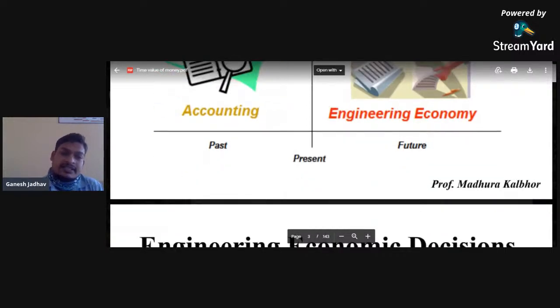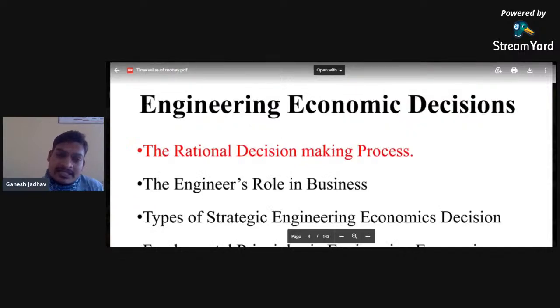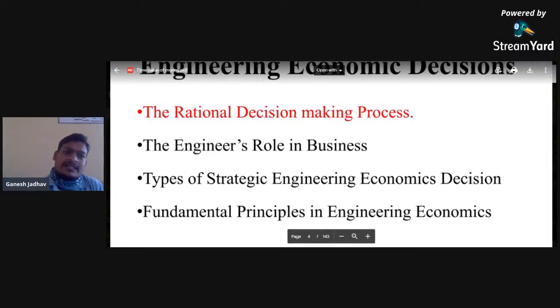Then engineering economics decision. We have to take a number of economic decisions related to a particular engineering project, and that is engineering economics. Next is the rational decision making process.